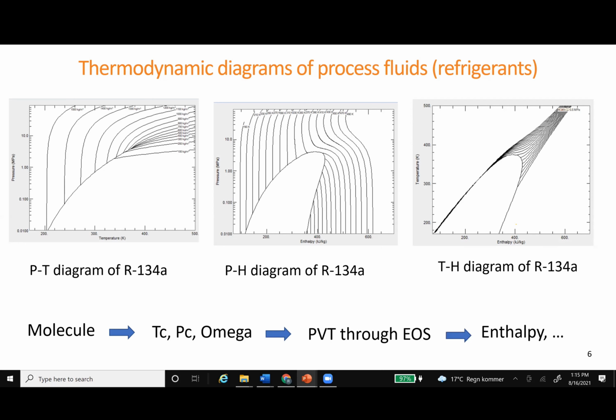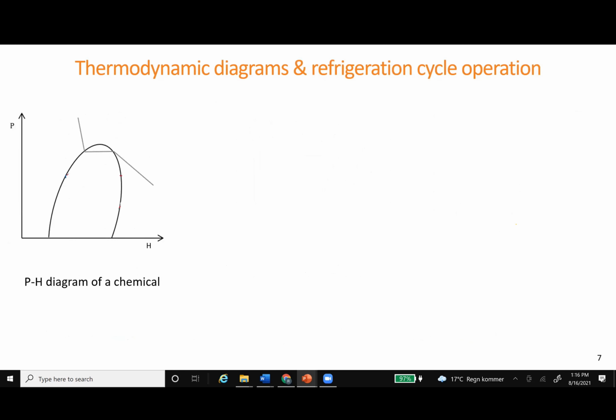And once we have the PVT relationships, then it is possible to add other models for other properties, because we know the temperature, the pressure, the density, everything that we needed to know in order to calculate enthalpy, entropy, specific heat capacity, things like that. And if we have the enthalpies, entropies, and so on, we can make any of the thermodynamic diagrams that you see above.